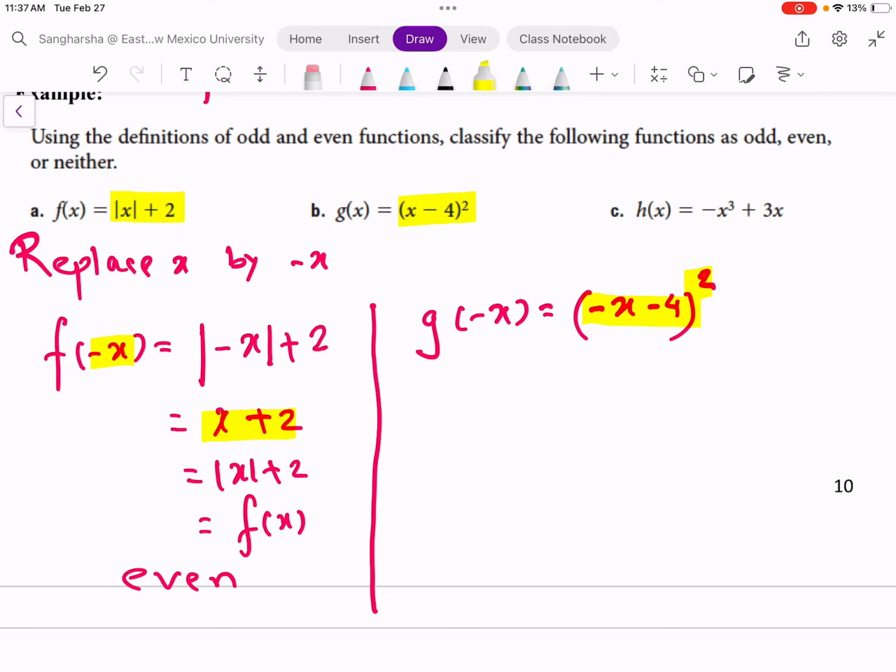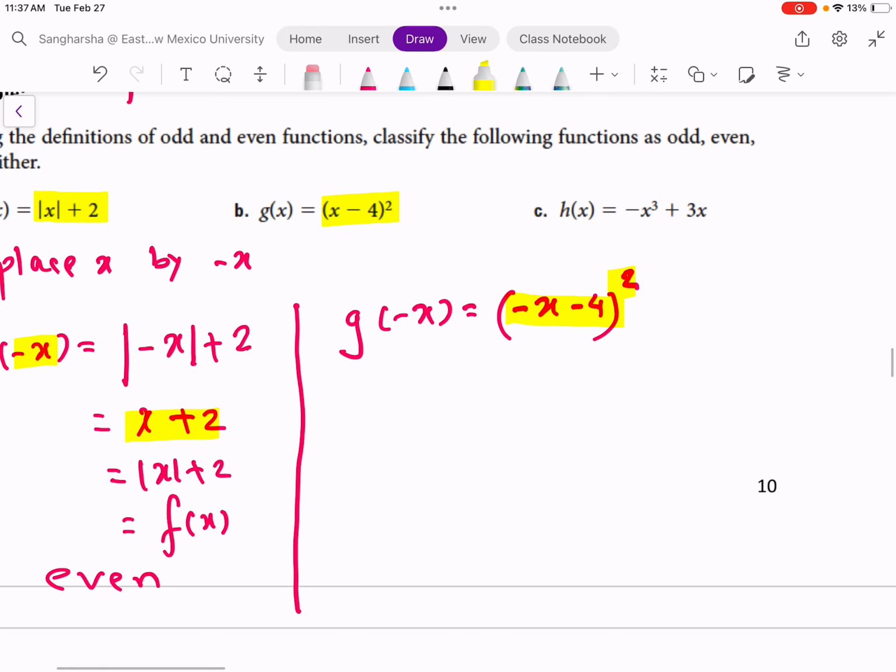Okay, so let's expand. What is x minus 4 squared? It is the same as x minus 4 times x minus 4. Now we use the FOIL method. Multiply the first terms, x times x, that is x squared.